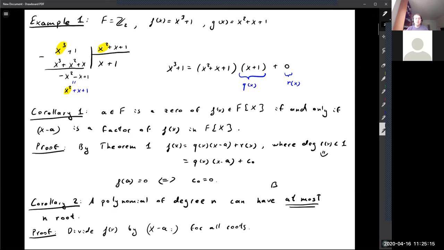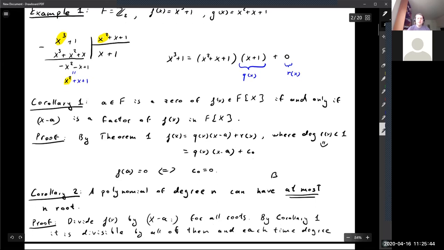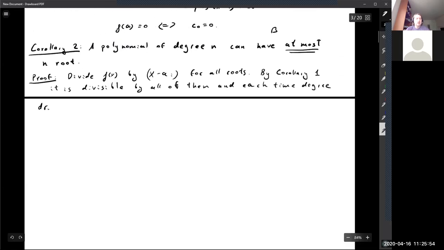Each time it must be divisible, right? By corollary 1 it is divisible by all of them, and each time the degree drops by exactly 1.